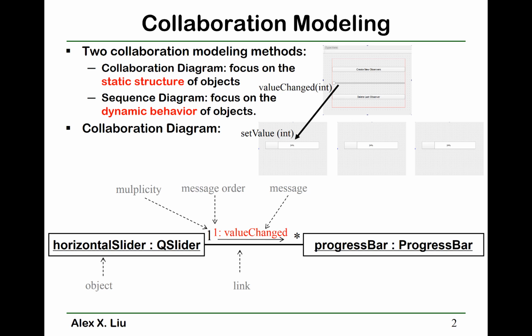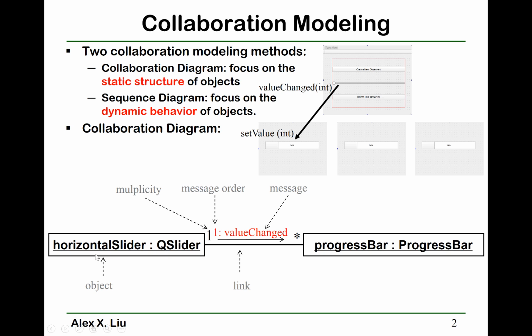The details are how to implement this, and this message passing can be implemented in many different ways. For example, in the Qt framework, the message passing can be implemented using signals and slots. If not in Qt, it could be implemented as a function call.